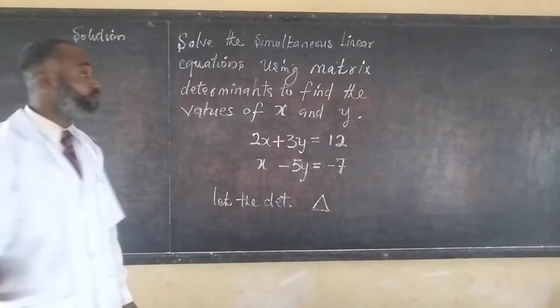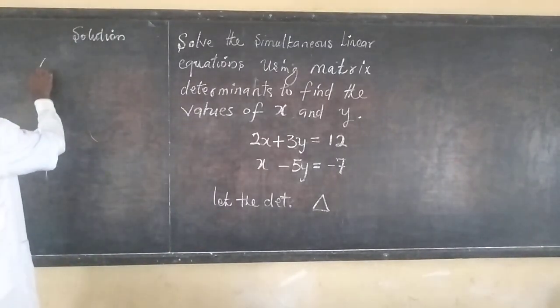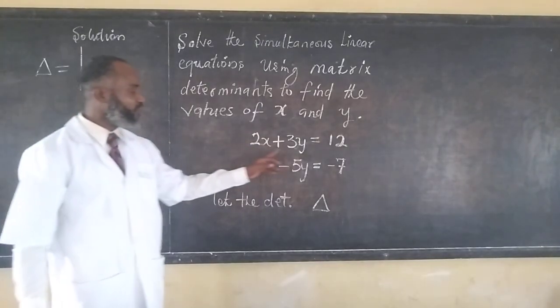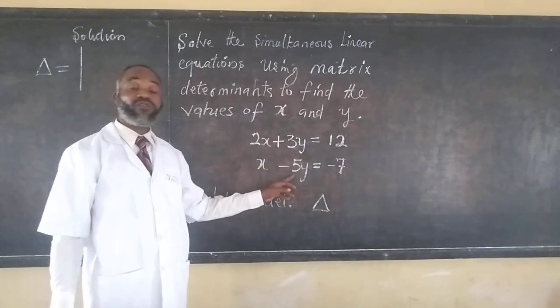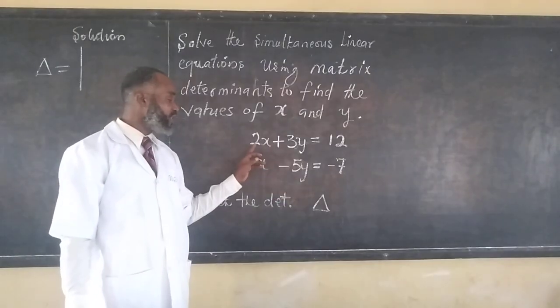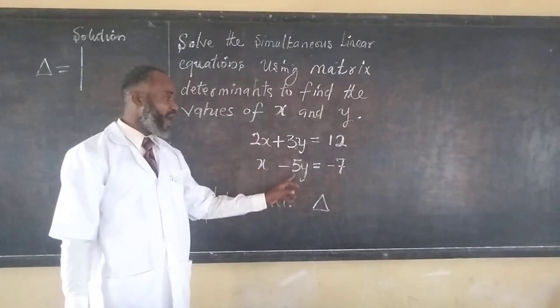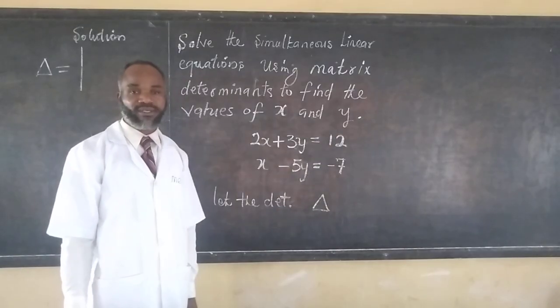So under our solution, we have the determinant equals to bring out the coefficients of the individual variables, the coefficients of x and y, and those constants.